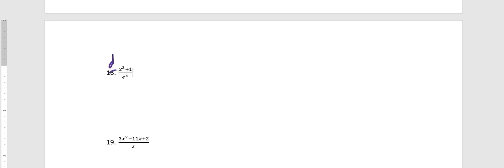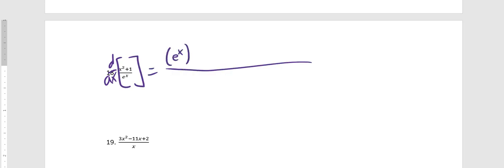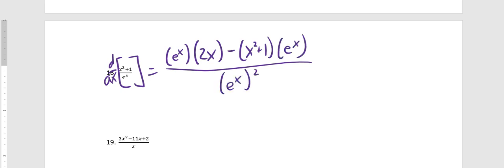Derivative of this, I will do some quotient rule. Low D high minus high D low over low squared. And I could, okay, I'll cancel out an e to the x. It's just screaming at me, hey, I could divide everything on top by e to the x and everything on bottom by e to the x.